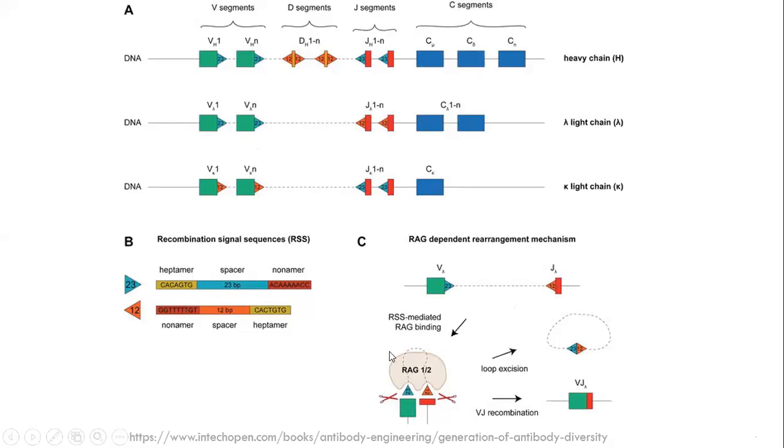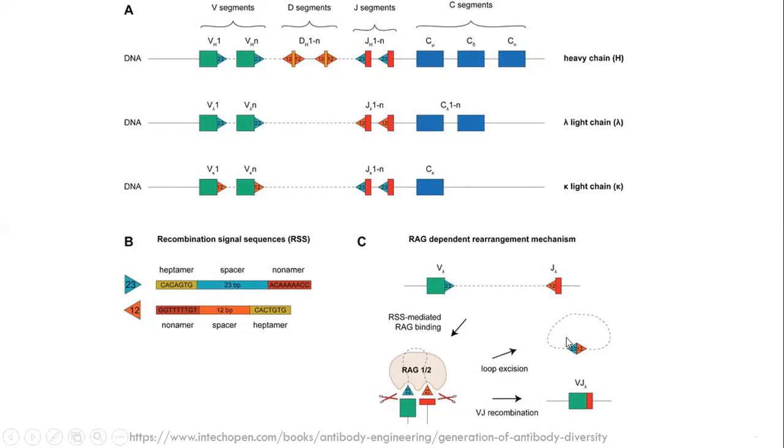A loop excision process then happens. In that process, the spacer sequences are taken out along with whatever DNA lies between them, whether spacers, introns, or exons. They don't care. They just recognize a 23 or 12, go to the next 12 or 23, grab everything in between, loop it, and excise the portion with the 23 and 12 together.